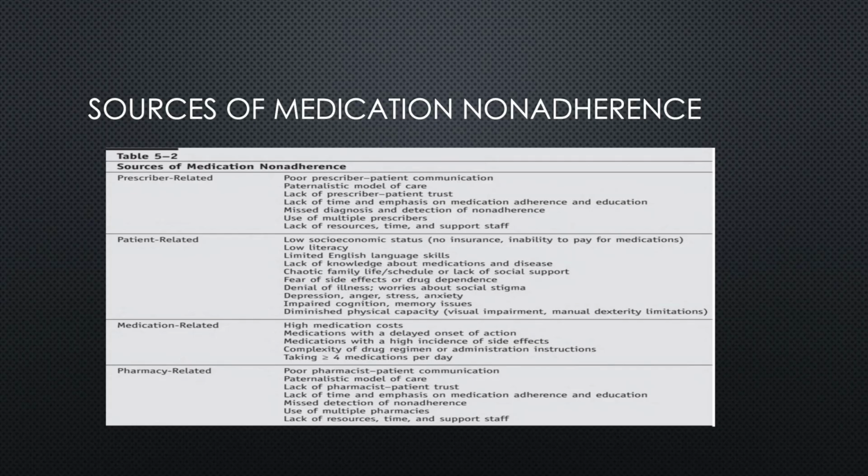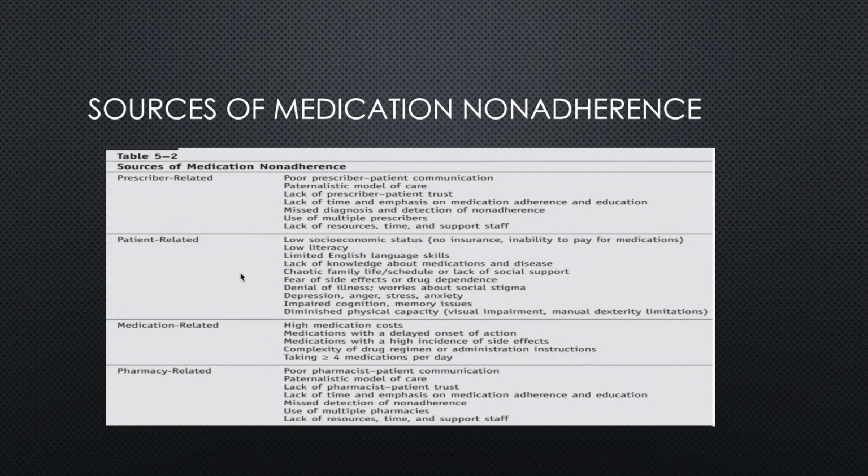Denial of illness and worries about social stigmas can definitely be a contributor to non-adherence. Depression, anger, stress, and anxiety, lots of mental issues can be a barrier for adherence.